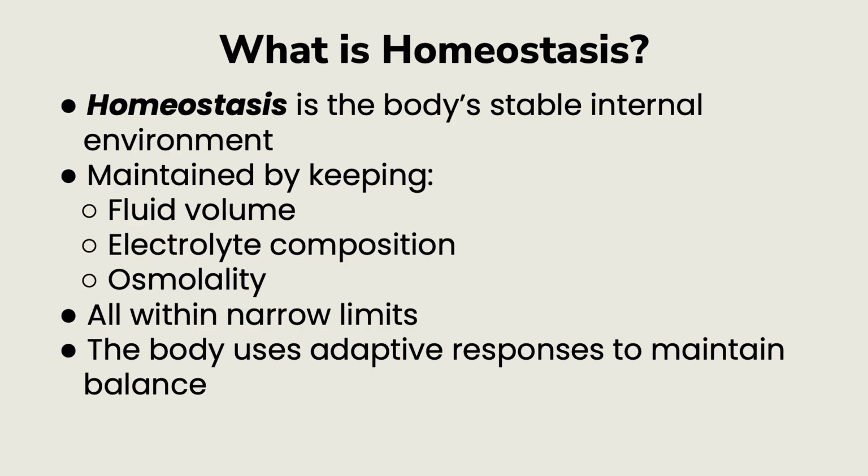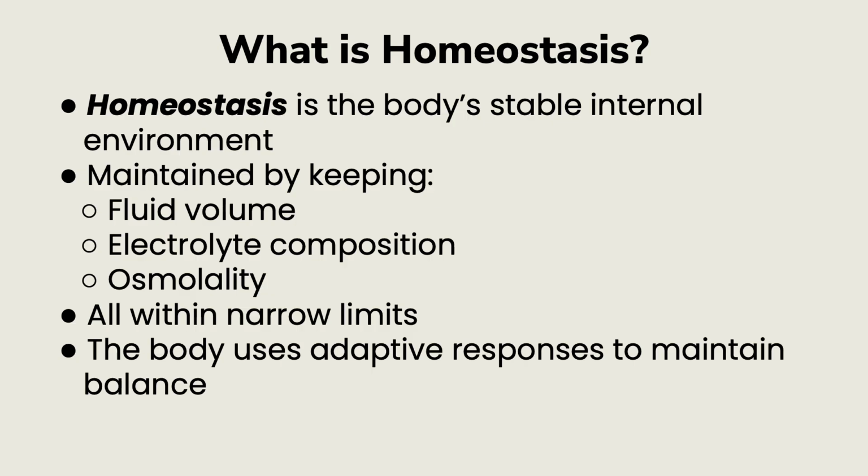Okay, to keep the cells functioning properly, the body carefully regulates fluid volume, electrolyte composition, and osmolality within very narrow limits. Even small disruptions can interfere with normal cellular function and can lead to severe illness. So the body is continuously adapting through various mechanisms to maintain this balance.